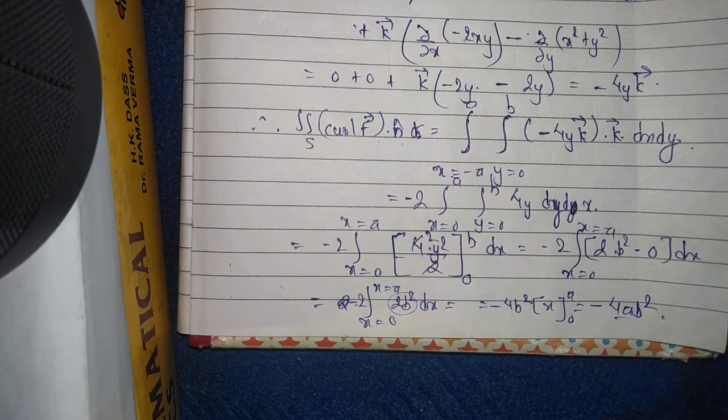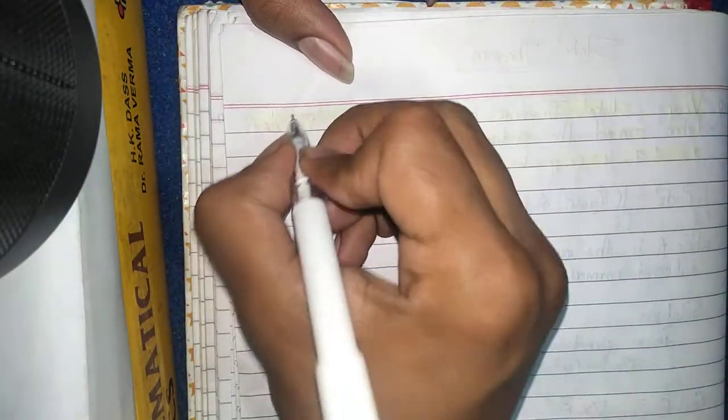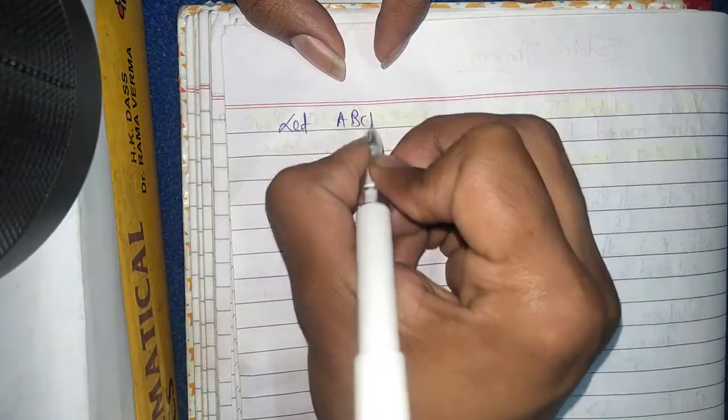Now, in order to verify Stokes theorem, we have to prove that RHS equals LHS. So for the LHS, let us move to drawing the rectangle. Let ABCD be the rectangle.